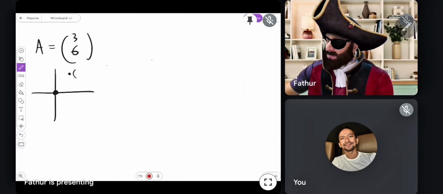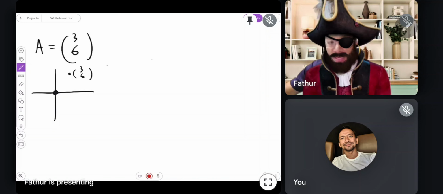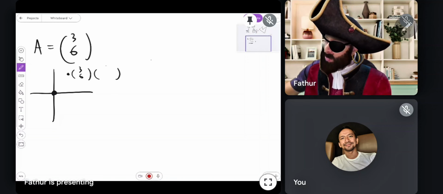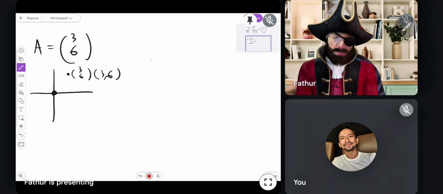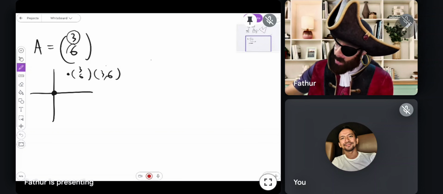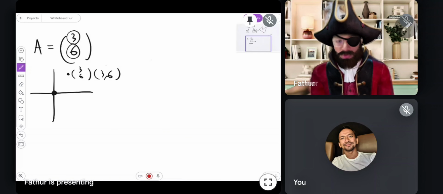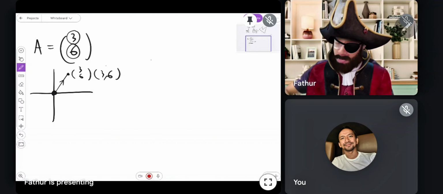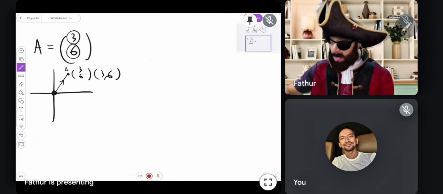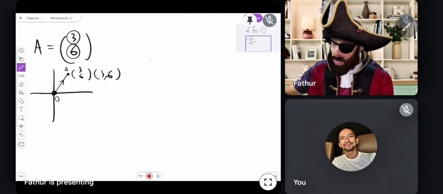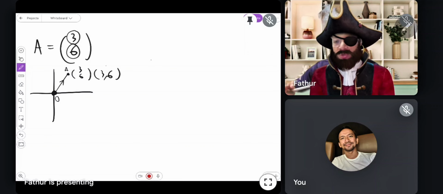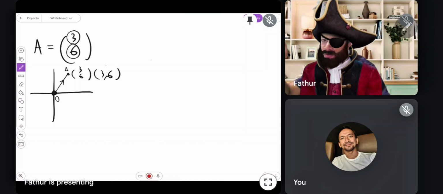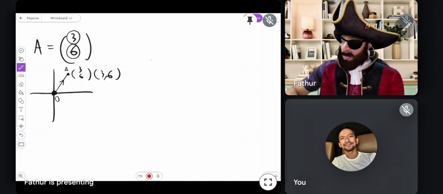Technically, it is just like the coordinates 3 comma 6. The x-axis is on top, the y-axis at the bottom. You just have to know this. This direction here is what you call OA, the direction to get from O to the point A. So this is what you call 3, 6.